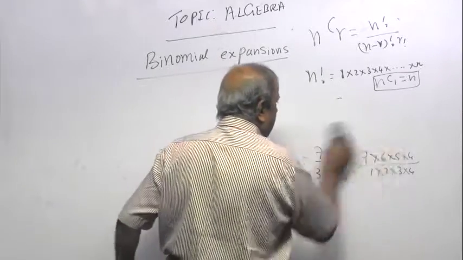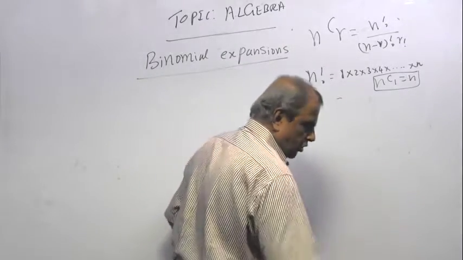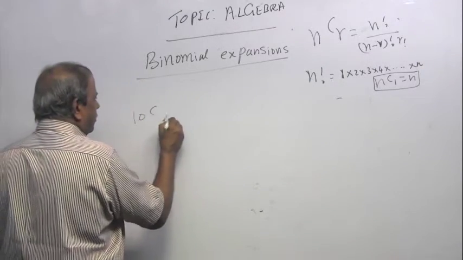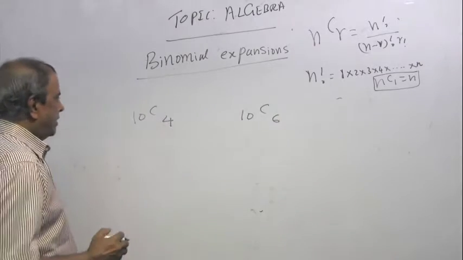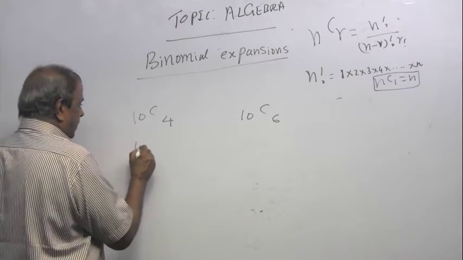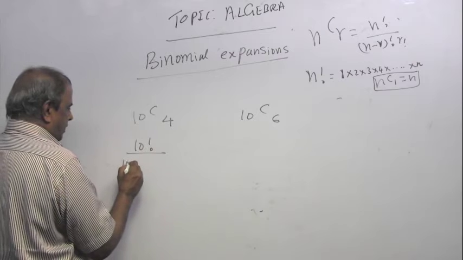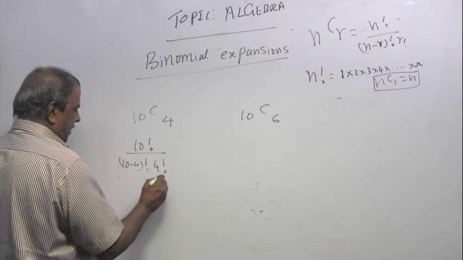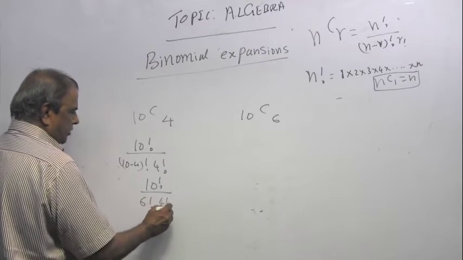The one other thing I want to show you is what is 10C4 and what is 10C6. What is 10C4? 10 factorial over (10 minus 4) factorial and then 4 factorial, which is 10 factorial over 6 factorial, 4 factorial.